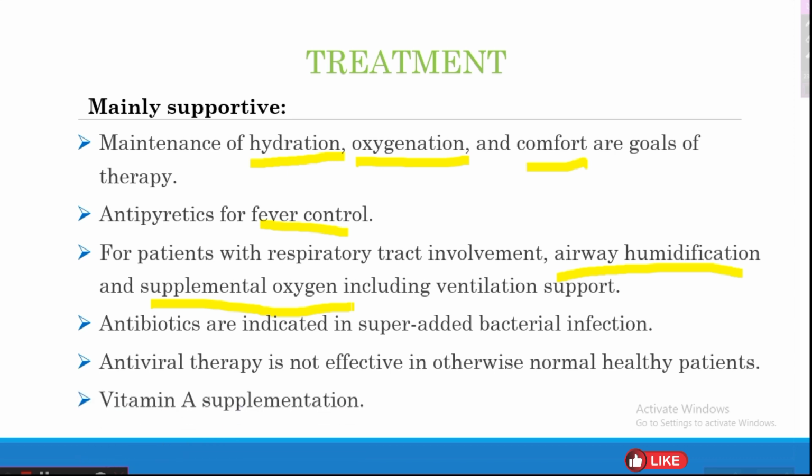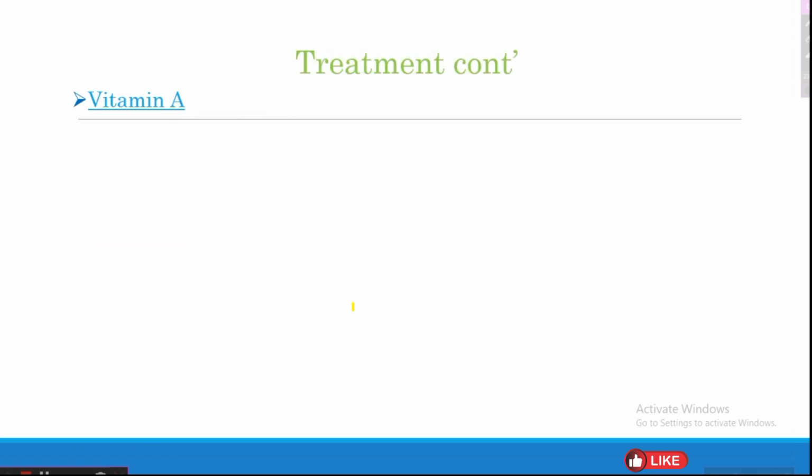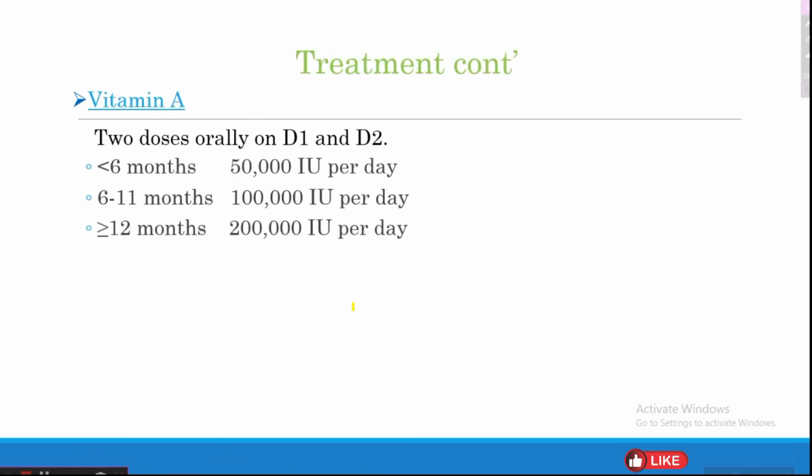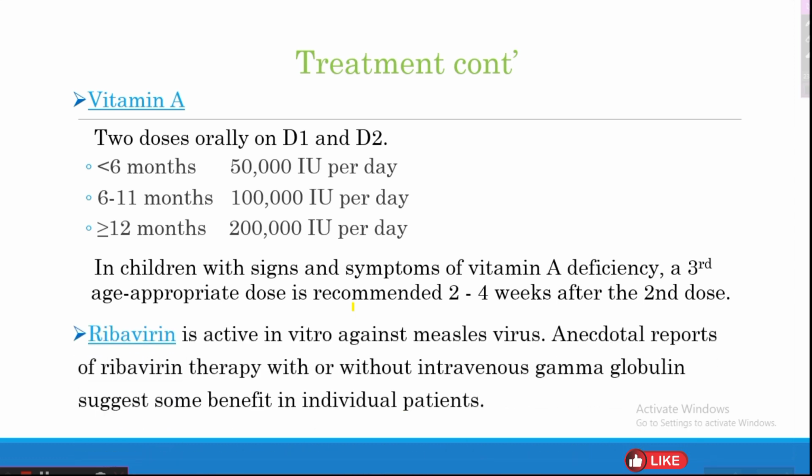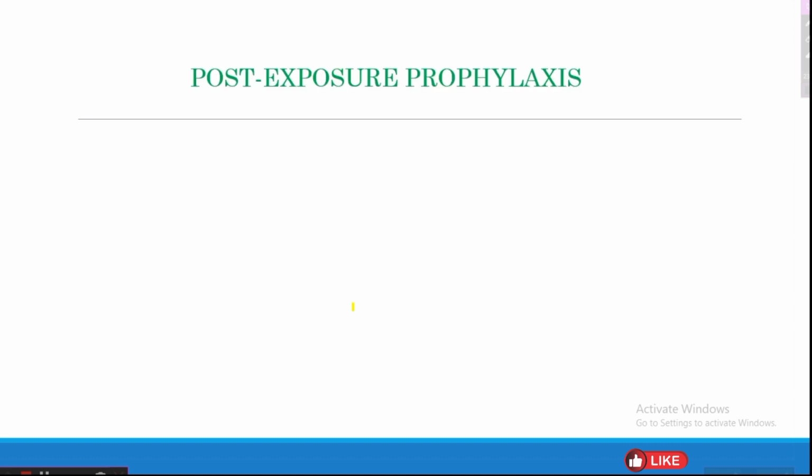And then you can give vitamin A supplements. So vitamin A can be given in that dose for those age groups. And then we can also give the antiviral ribavirin for the treatment of measles.